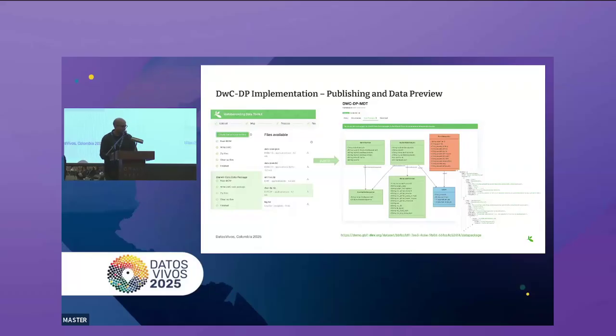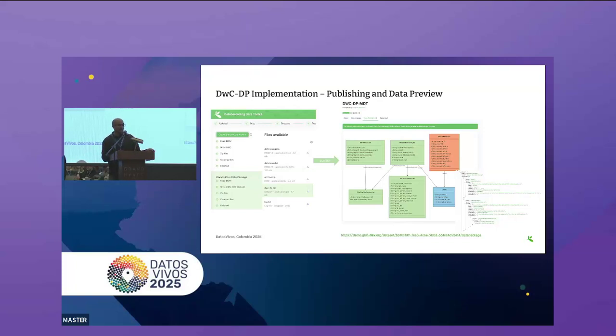What we have done so far, in this example I'm showing here, is the Metabarcoding Data Toolkit. In the Metabarcoding toolkit, a user can upload a set of data files, then provide some basic mapping from those data files into Darwin Core terms. And at the end, as a result, can export the result as a Darwin Core archive or as a Darwin Core data package. That's the provisional implementation that we have so far.